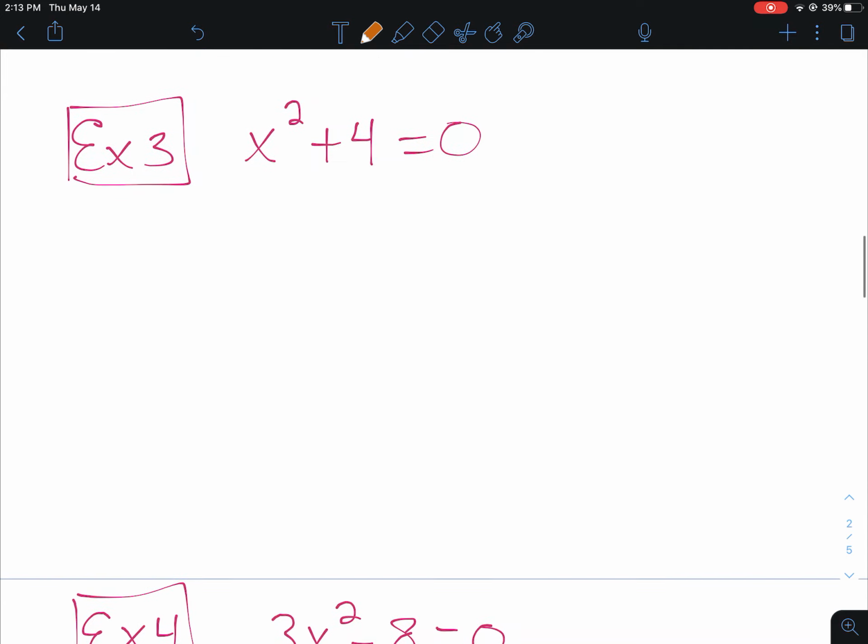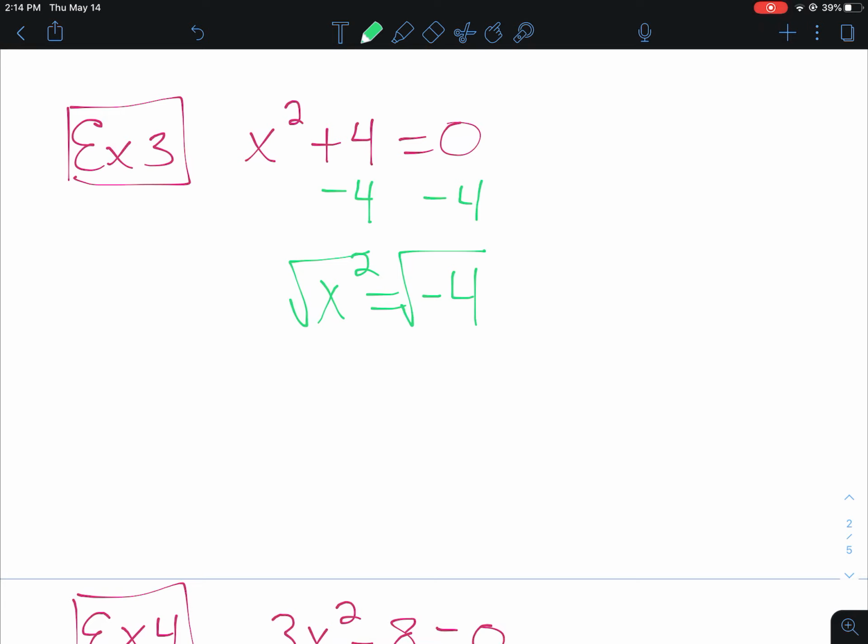Okay. All right, let's talk about what happens if I had x squared plus 4 instead of x squared minus 4. Still going to isolate that variable. So I get x squared is equal to negative 4. Take the square root. And now we're thinking, okay, what's the square root of negative 4?